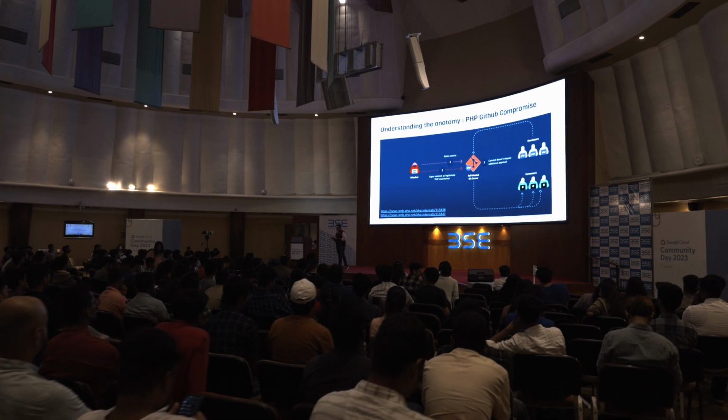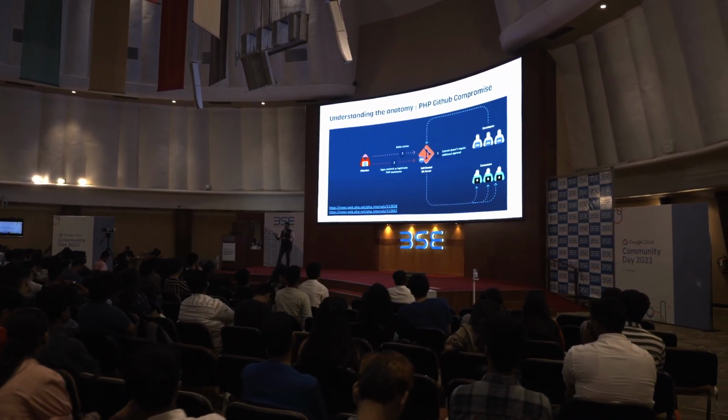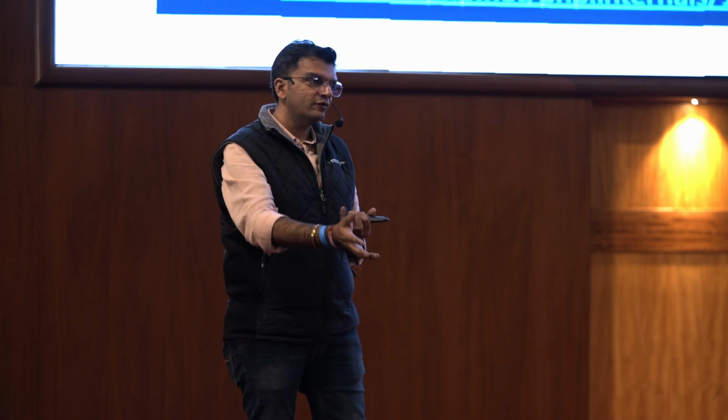So what exactly happened with PHP is that the PHP code base was residing on a self-hosted GitHub or GitLab server. These adversaries, and I'm using a better term for them, I am not using the word hacker or criminal, they are adversaries in the whole system, so you can say adversaries or attackers, got access to this self-hosted GitHub server.